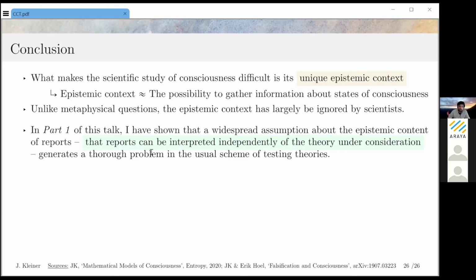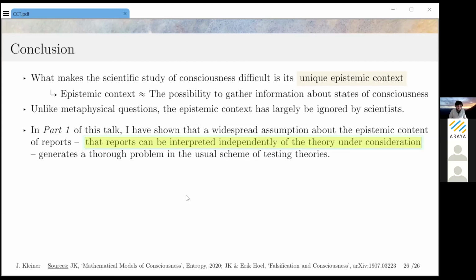In the first part of the talk, I showed that there's a widespread assumption about the epistemic content of reports, namely that reports can be interpreted independently of the theory under consideration. That assumption generates a thorough problem in the usual scheme of testing theories. As indicated, if you do an experiment and confirm the theory, but haven't thought about how the report relates to the theory, the formalism shows that there is in fact another physical system you might as well have tested, at least in principle, that would have given you a falsification.